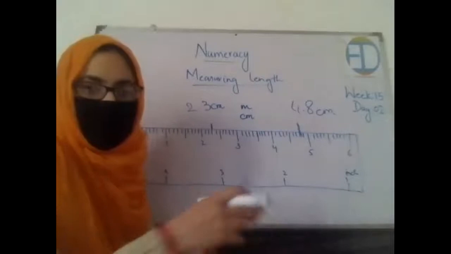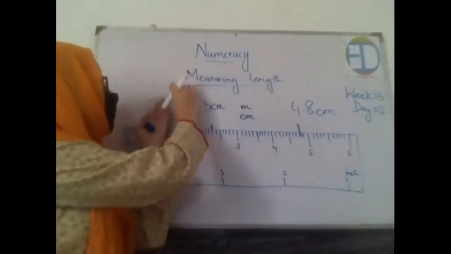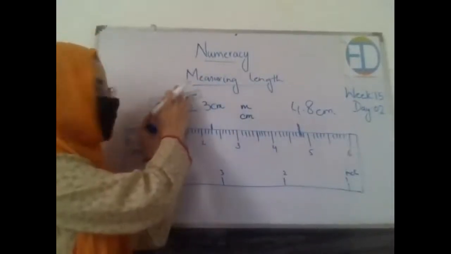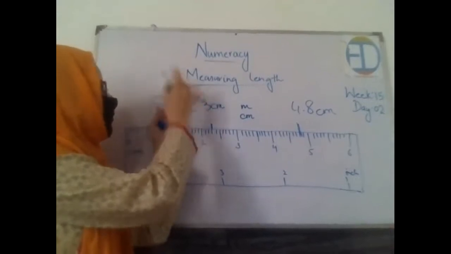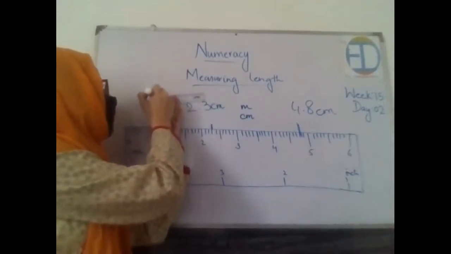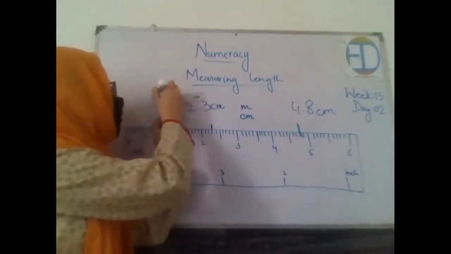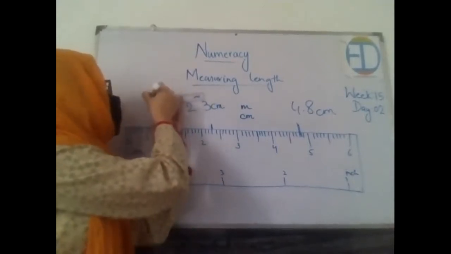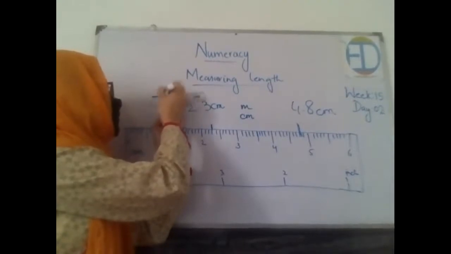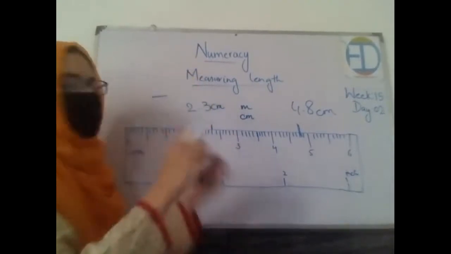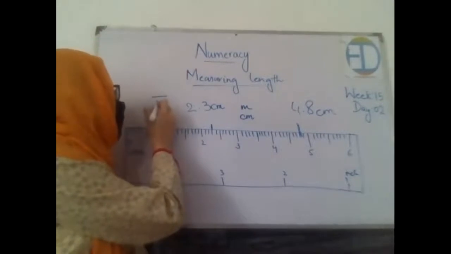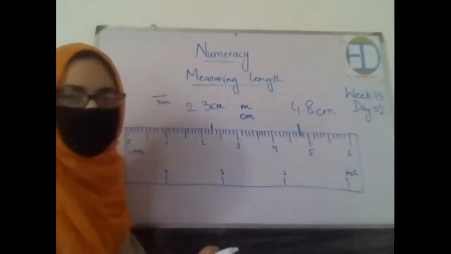If I ask you to please draw a line of 4 centimeter on your notebook, you will put your ruler like this. You will put a point on the 0, then put a point on 4. Now join these two dots. So this is a small line of 4 centimeter.